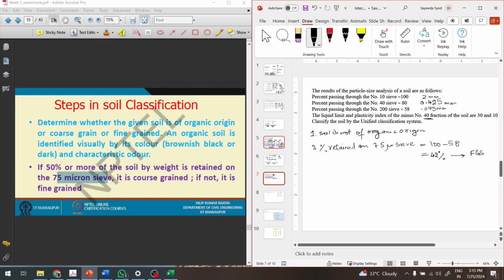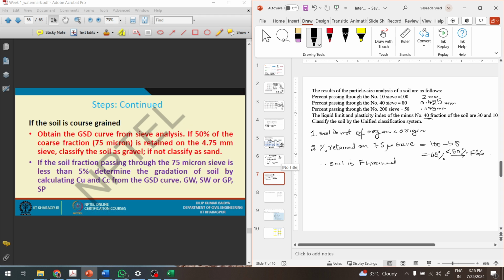Second part, 50% retained on 75 micron sieve is 42%, which is less than 50%. Therefore, soil is fine grained. Okay, so let's move on. Right now, let's go to the next step because the soil is not coarse grained in our case.